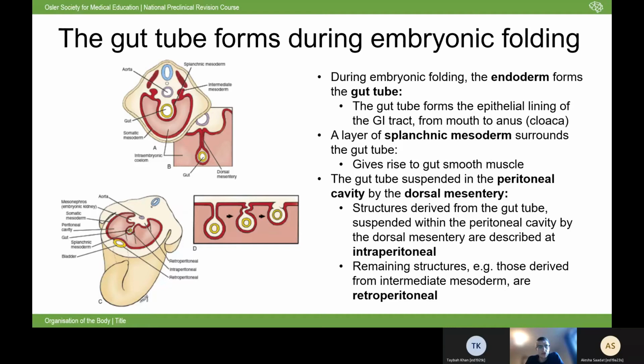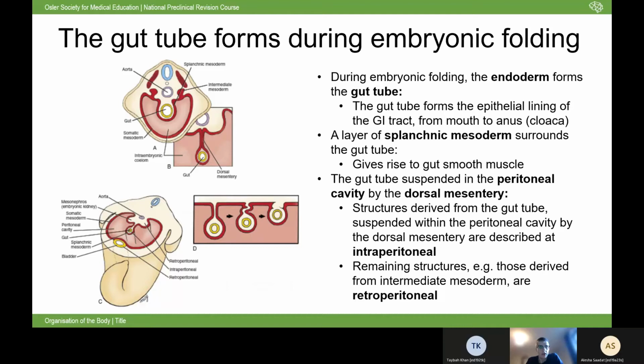The gut tube is not completely free floating, and it's suspended from the back of your peritoneal cavity by a dorsal mesentery, which is a stalk of mesoderm to connect the splanchnic and the somatic mesoderm. If we think about the small bowel and the organs free flowing within the abdomen, then they are suspended from the back wall by this dorsal mesentery.